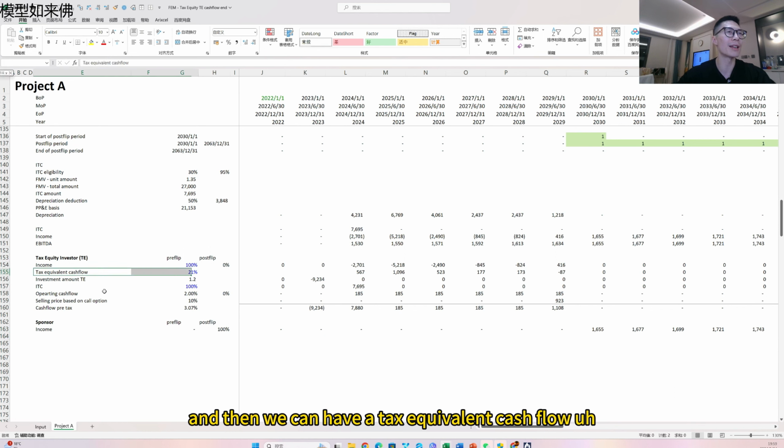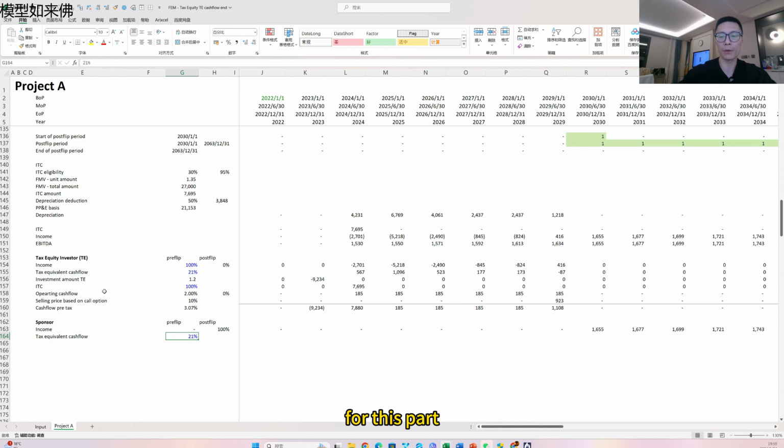And then we can have a tax equivalent cash flow for this part, 21%.